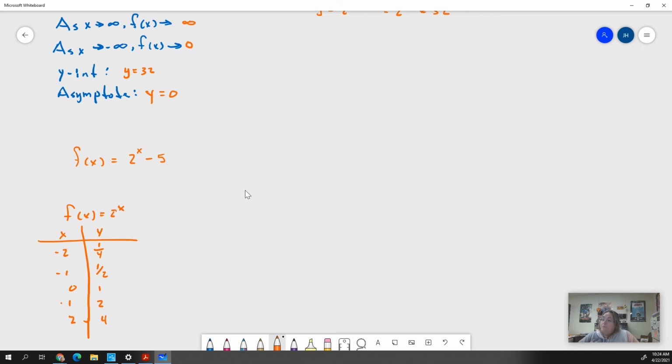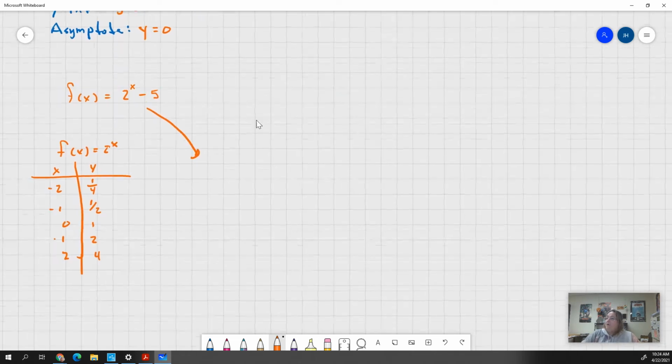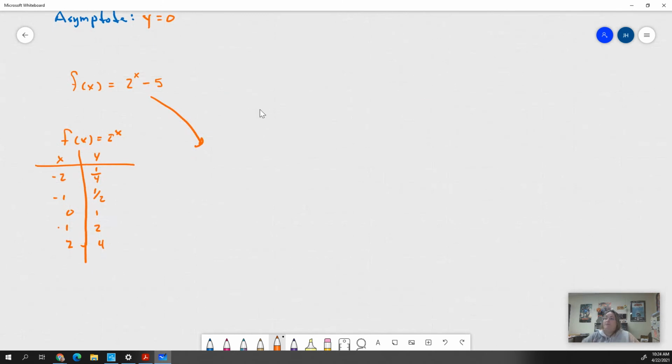And 2 equals 4. What's going to happen when we make the chart for this one is all of our y values are going to go down 5, right? We can just subtract 5 from each one of them. So here, if I have my x and y for this transformation, our x's would stay the same, but our y's would each be minus 5.